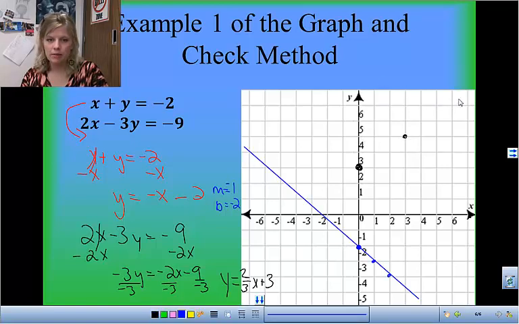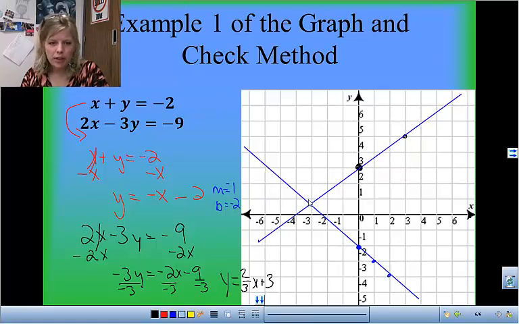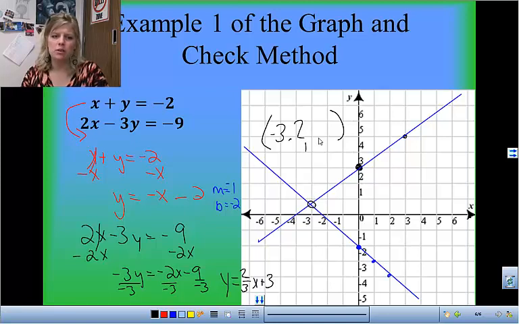Get me your line. So where do these bad boys intersect? Right about here, right? So if you had to list that, you would eyeball it and say, well, that's a little bit more than negative 3, so I'm going to say 3.2. And I'm almost at 1, so I'm going to say 0.9.